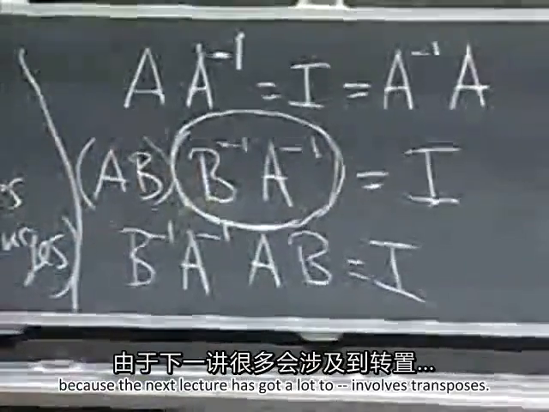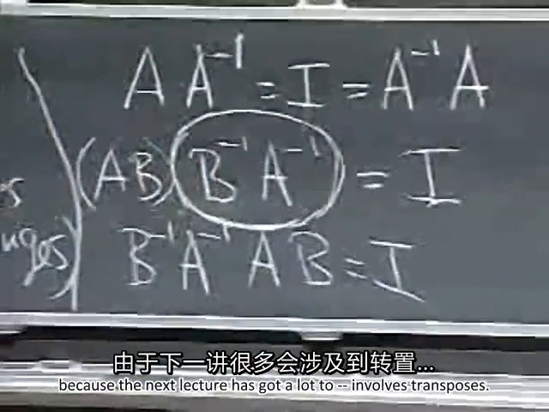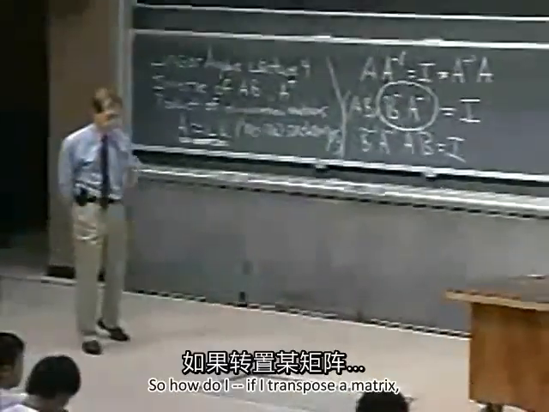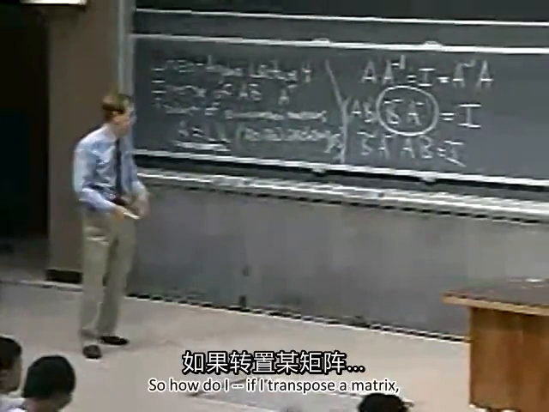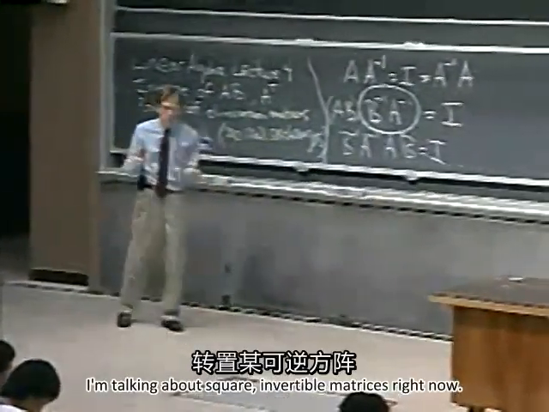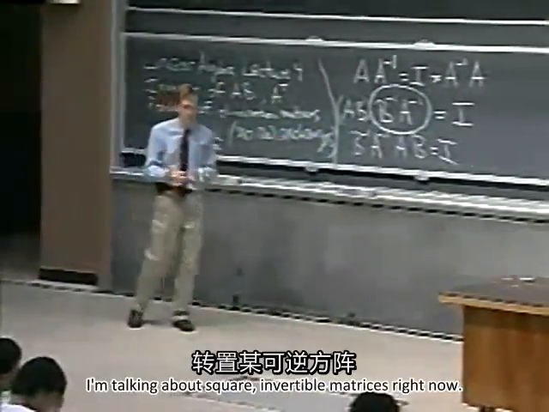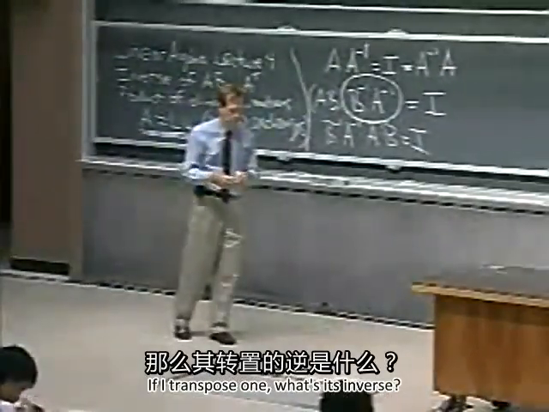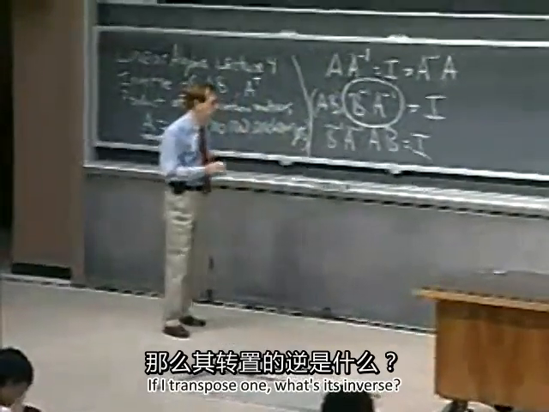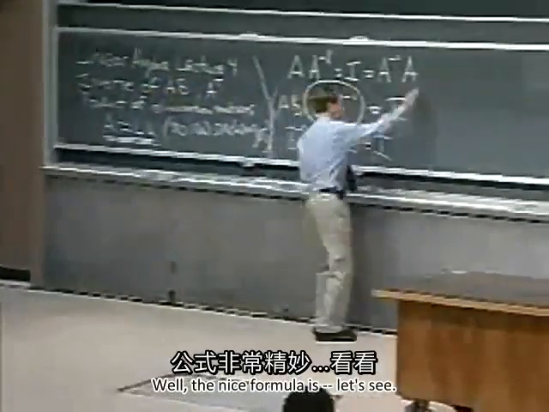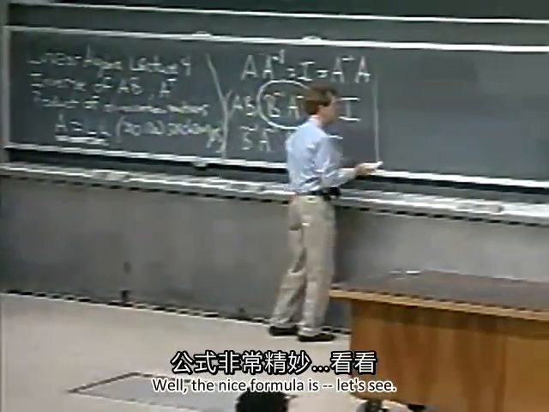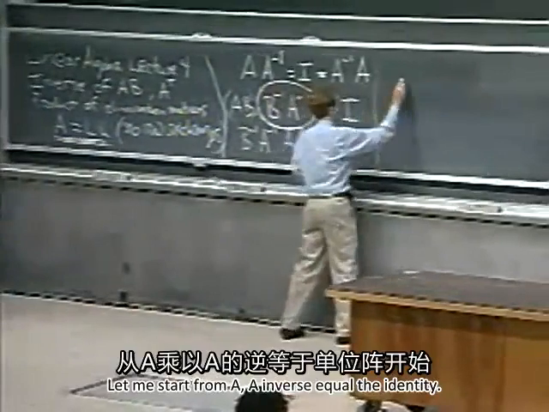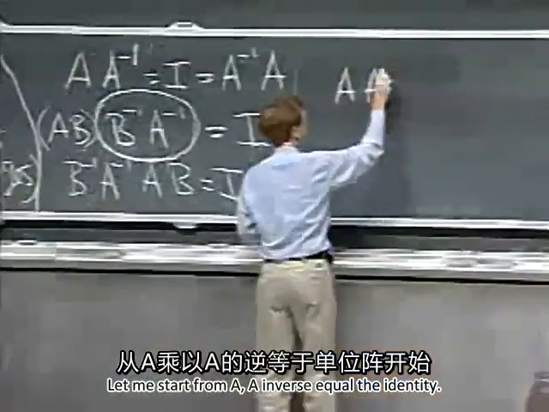Because the next lecture involves transpose. So if I transpose a matrix, I'm talking about square invertible matrices right now. If I transpose one, what's its inverse? Well, the nice formula is, let me start from A inverse A equal the identity.